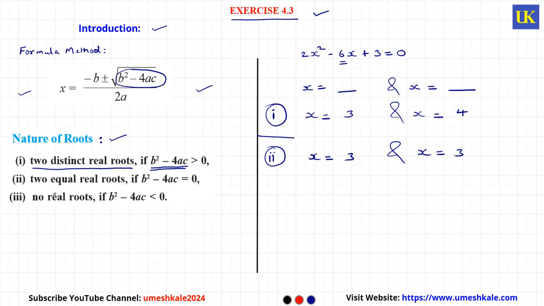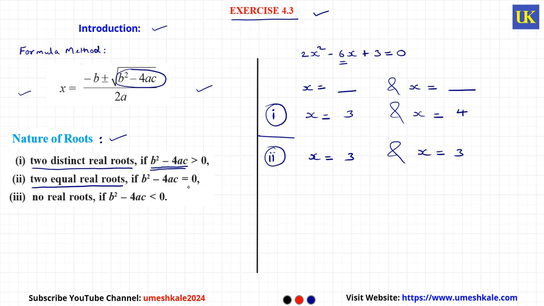That is also possible. And if we are getting the answer like this, then it is called two equal real roots. So they are real numbers and they are equal. Earlier we got distinct, distinct means different, 3 and 4. And equal means the same, 3 and 3.